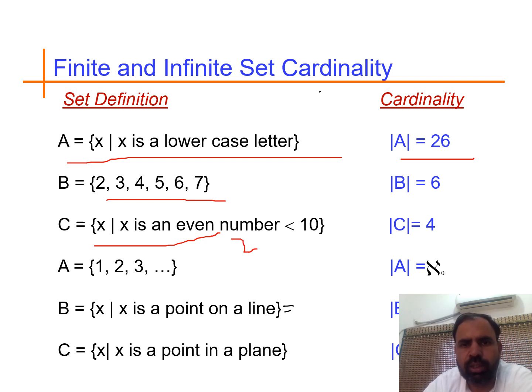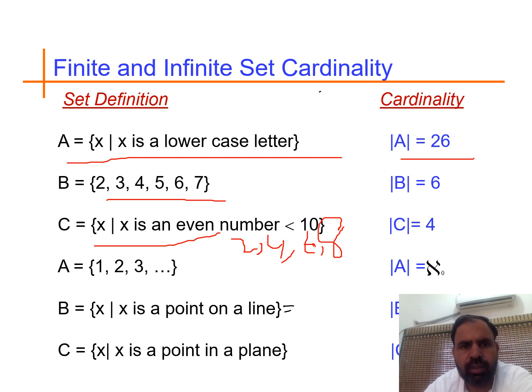You can write 2, 4, 6, 8, not 10, because there is a condition that x is even and less than 10. So the cardinality of C is 4.